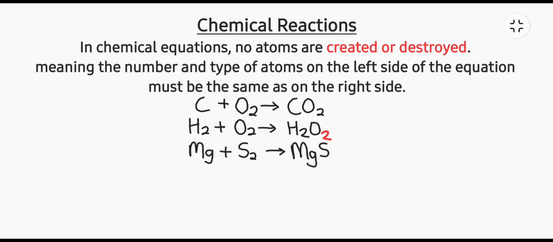So I'm required to make the S the same. As I make them the same, I'm not going to place a 2 like that, because the moment I place a 2 like that, I am creating or destroying the atoms they gave me. The number and the type should be the same.